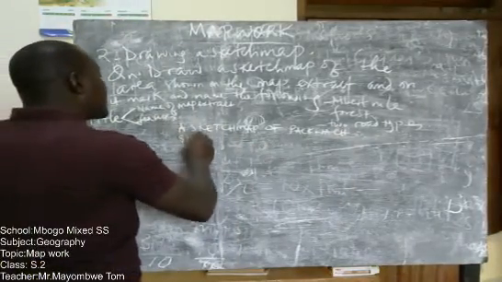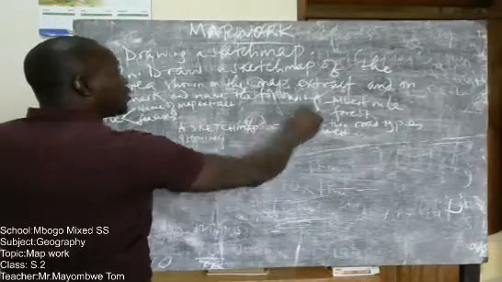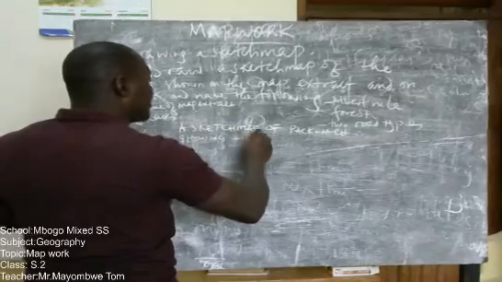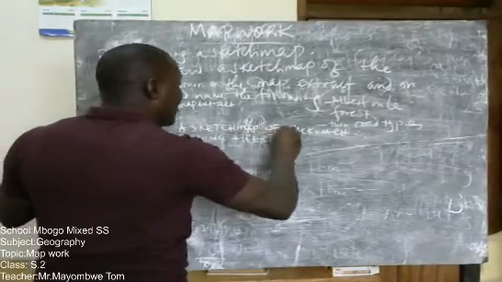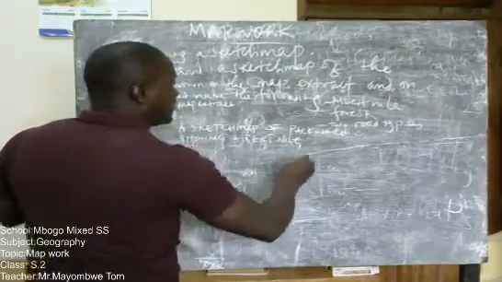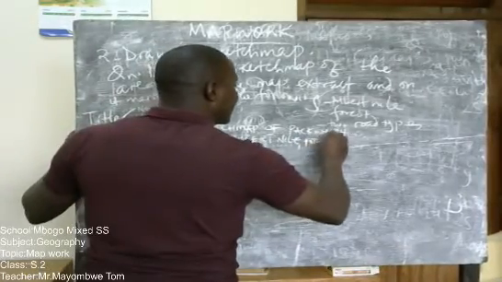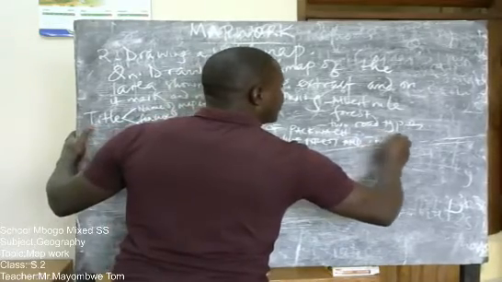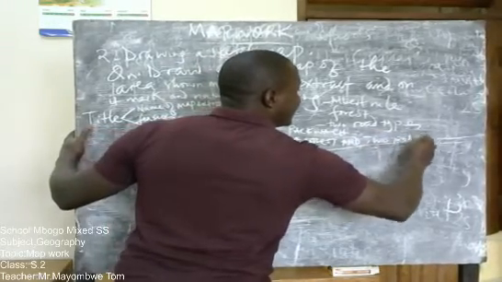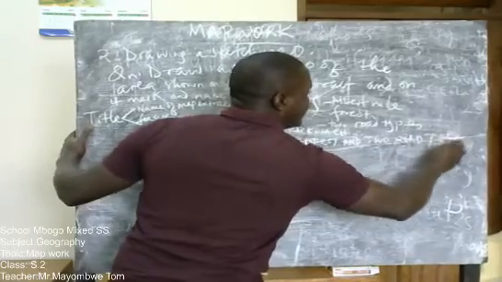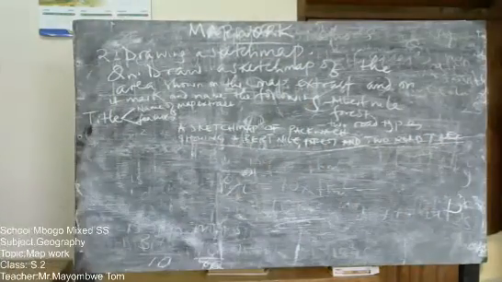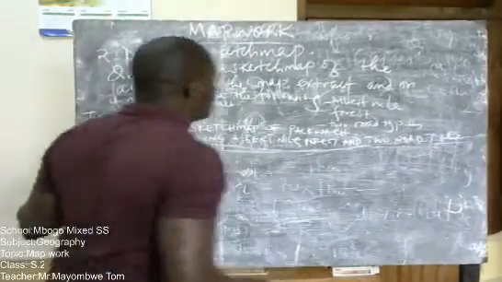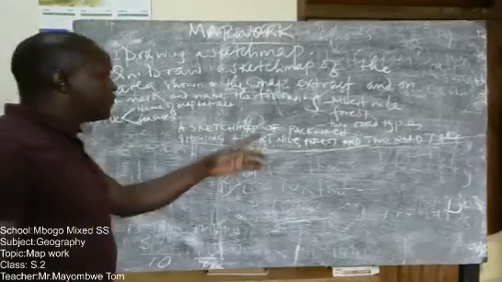Write the features which have been given to you in the title, showing Albert Nile, forest, and 2 road types. You underline your title properly. So the title is there, a sketch map of Pakwachi.